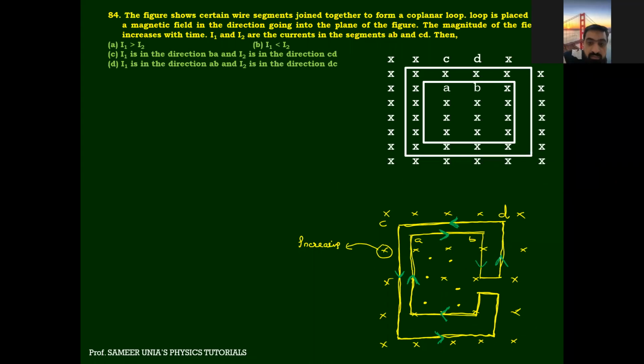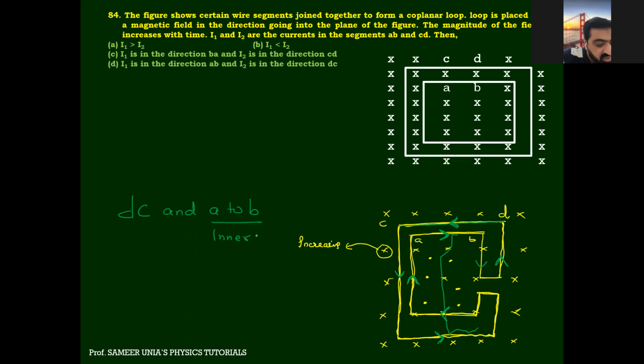So the current in the outer loop is flowing from D to C, and the current in the inner loop is flowing from A to B. Look, D to C and A to B in the inner loop.